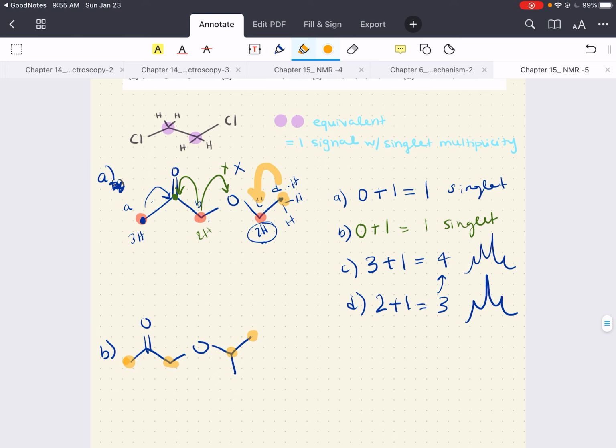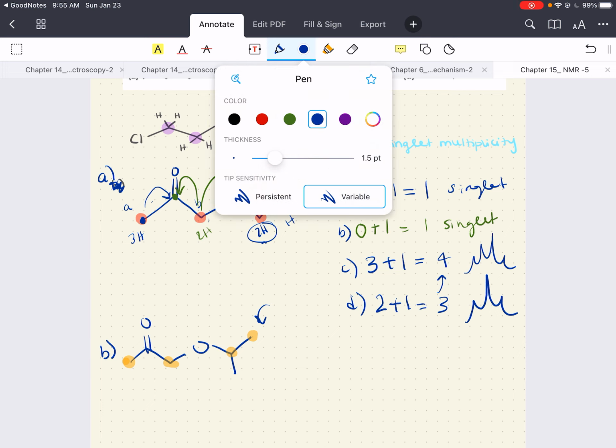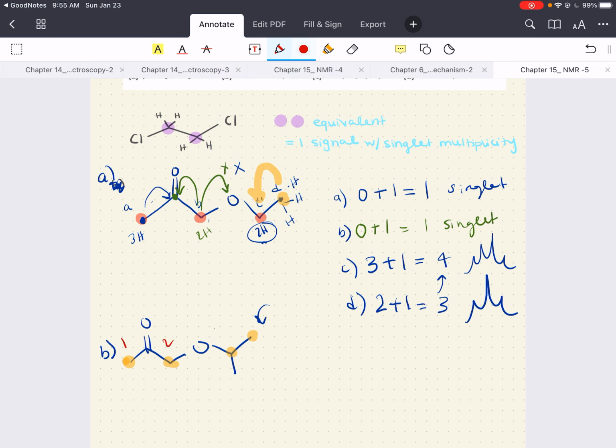This position is equivalent to this position, so we don't want to double count. Both of them are equivalent, and you can tell because they're bonded to the same things in the same order. They're exactly the same, so we're not going to double count anything. We have 4 positions, and we're going to number them 1, 2, 3, 4.